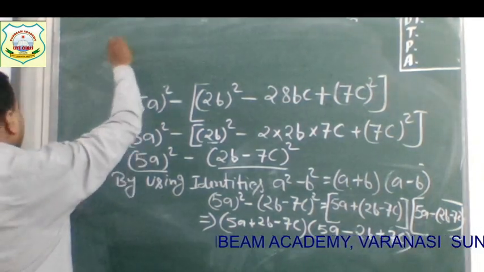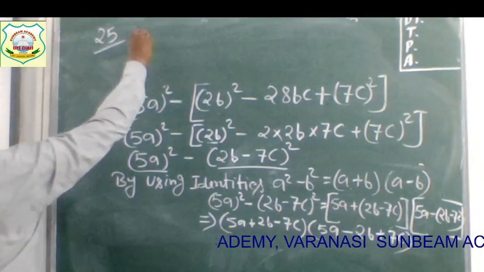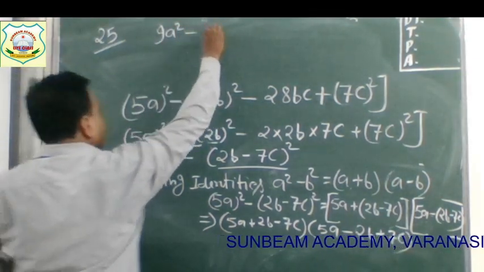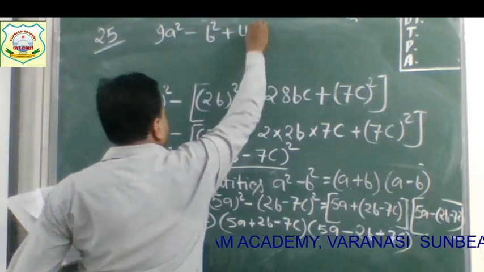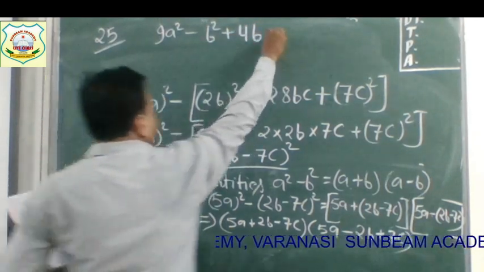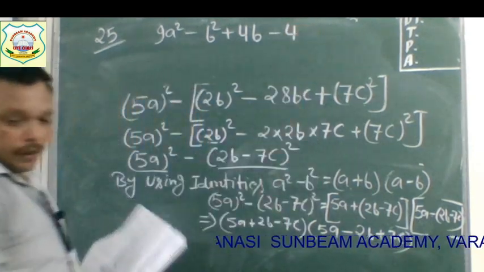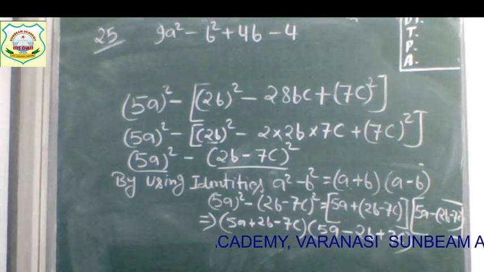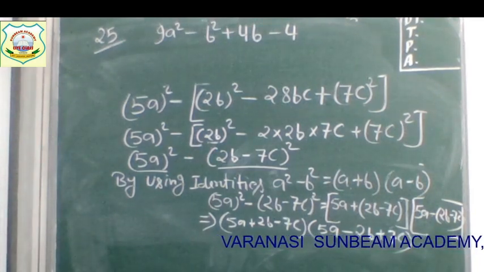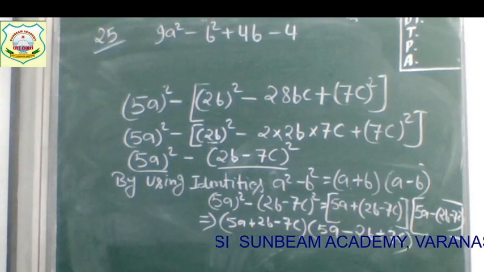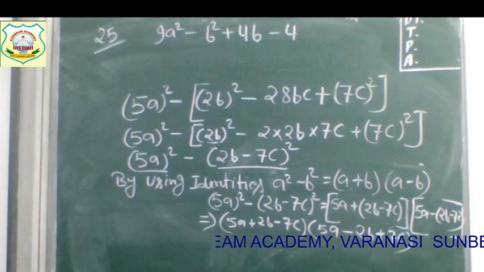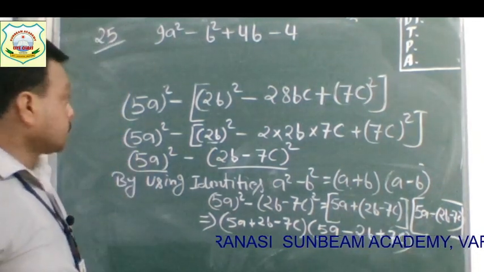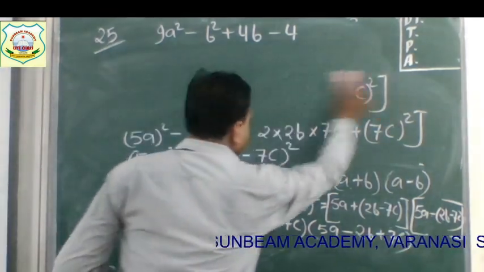Question number 25 is given: 9a square minus b square plus 4b minus 4. Now students, what will you do here? Because this is also like the previous sums.